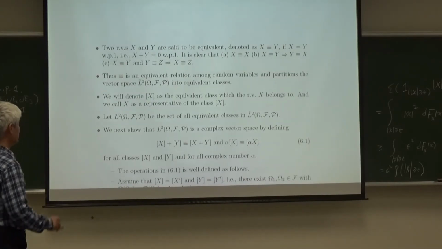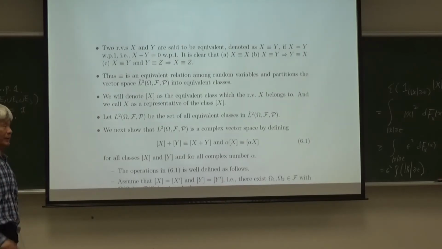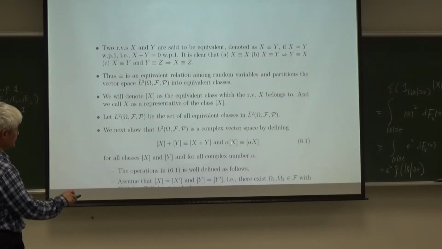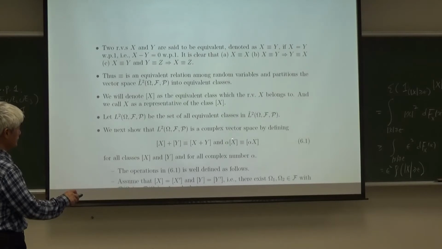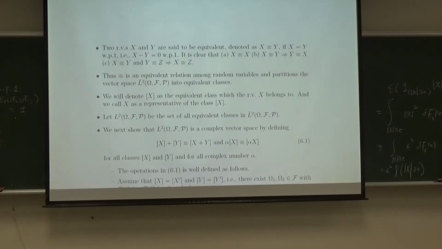The addition of two classes is the class corresponding to the sum of the two representatives. Similarly, a scalar times a class corresponds to the class of alpha multiplied with the representative X. So they have the natural correspondence.